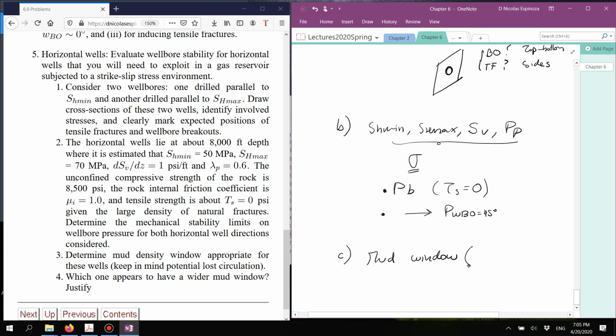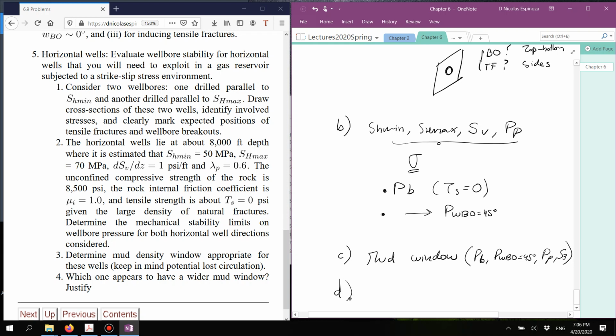And here, you not only take into account the values that you calculated before, like PV, like PWBO 45 degrees, but you should also take into account pore pressure, and you should also take into account the minimum principal stress. And in D, you're going to compare the two wells.